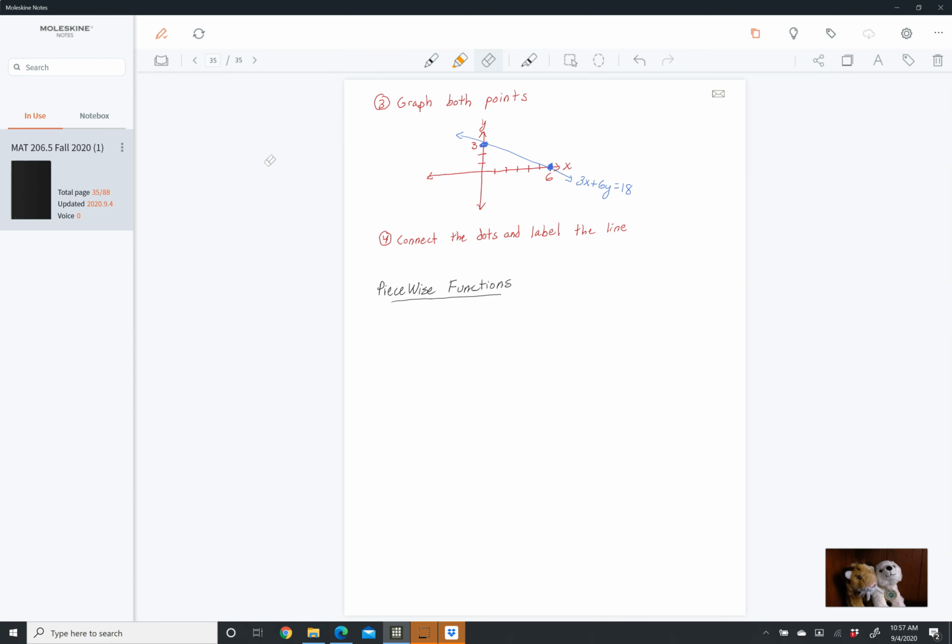So essentially what we're doing is we're taking a function and we're breaking it into small pieces, and each piece is a function, okay? So when we talk about a piecewise function, what we're talking about is a combination of other functions that still results in a function. Our final answer will still be a function.